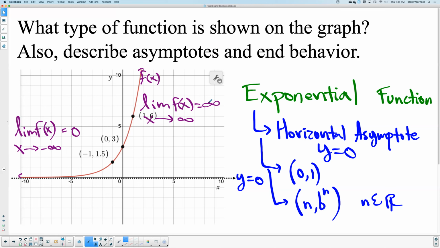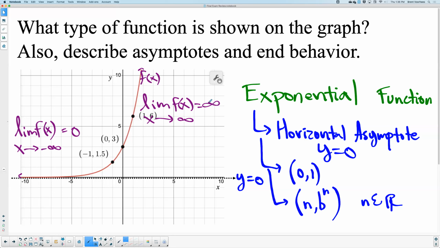But the y's will go from a constant to an infinity, whether positive or negative, depending on the problem. You'll have one that's a constant number, one that's an infinity, for every exponential.